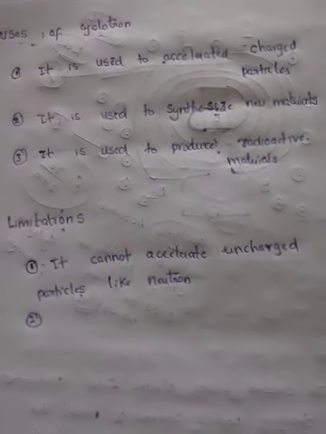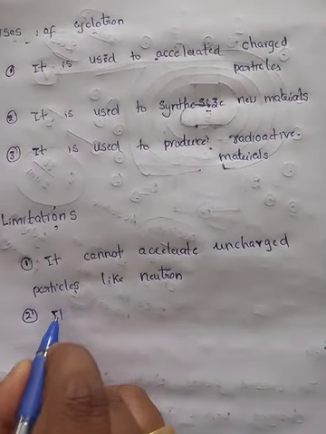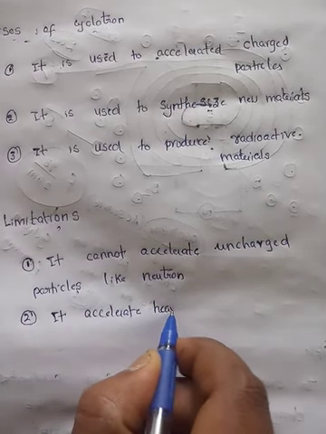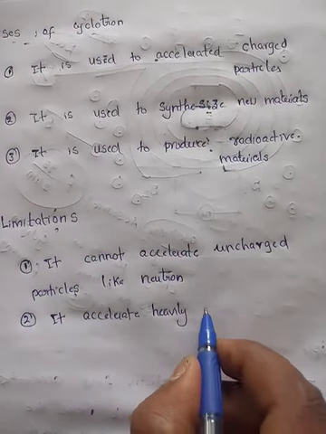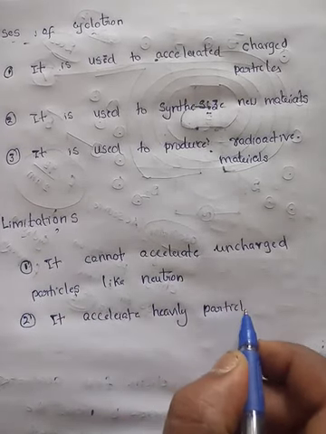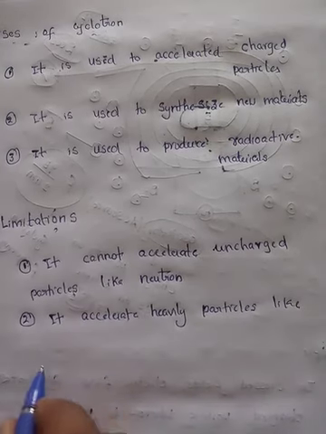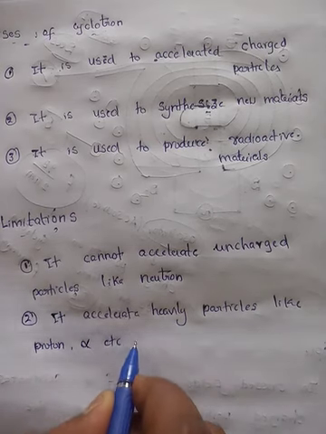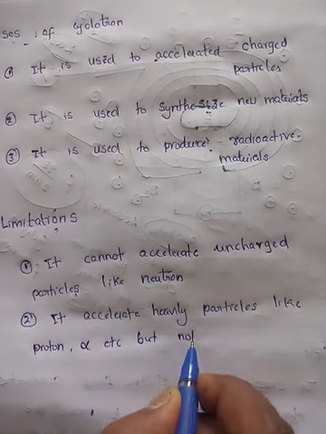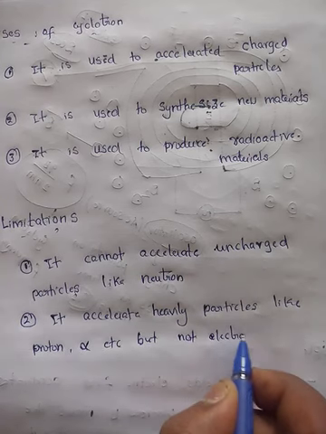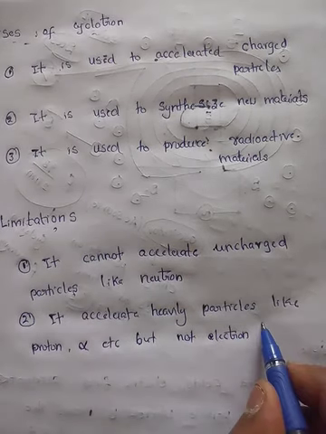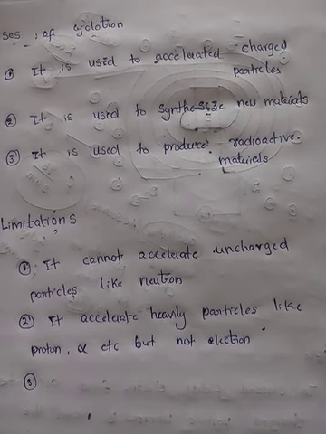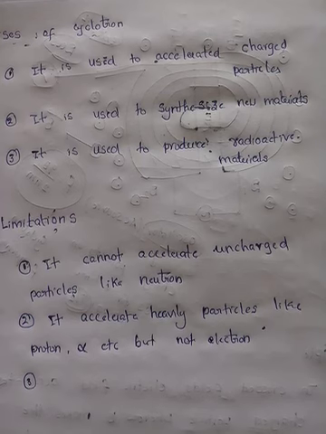Next one, it accelerates heavy particles like protons and alpha particles, etc., but not electrons. The reason: a small change in energy will give maximum velocity, so that it goes out of phase in a very small time.